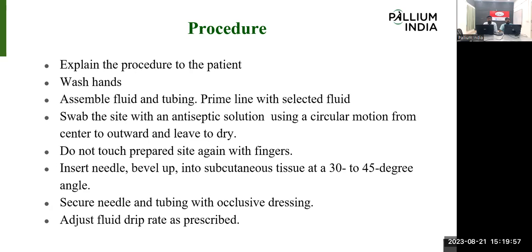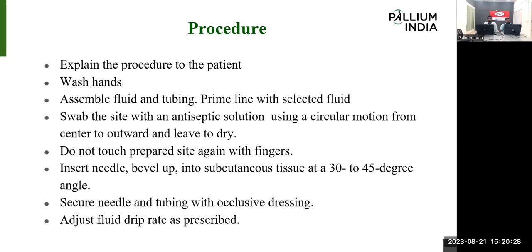Then we clean the area with a swab soaked with antiseptic solution, in a circular manner from the center to outward. Center means the point where we need to prick. Clean in a circular manner and leave it for a few seconds to dry. During the drying period, we do not touch the cleaned area with our fingers.